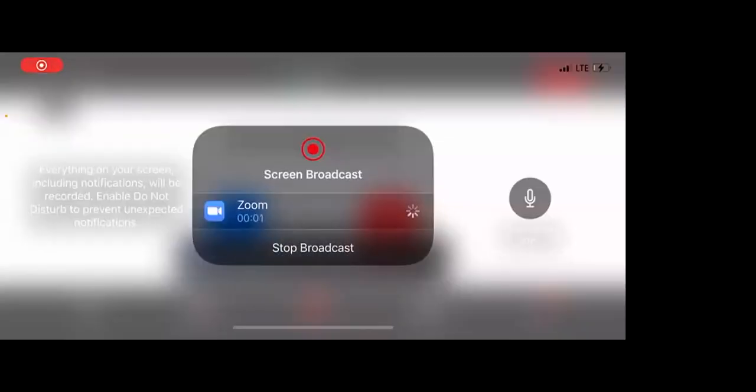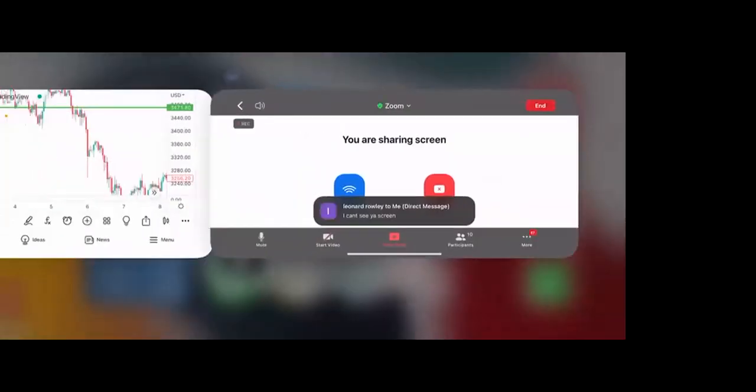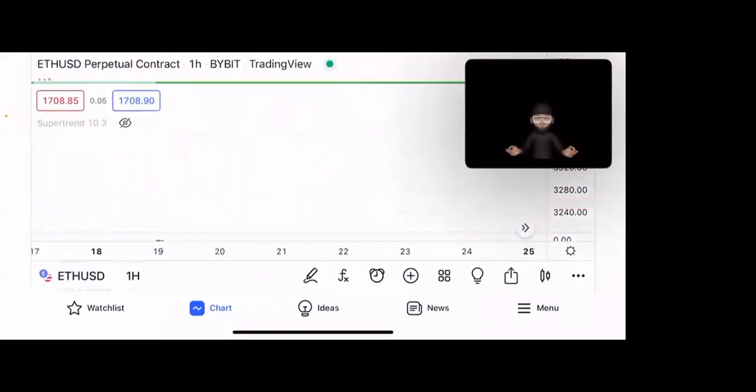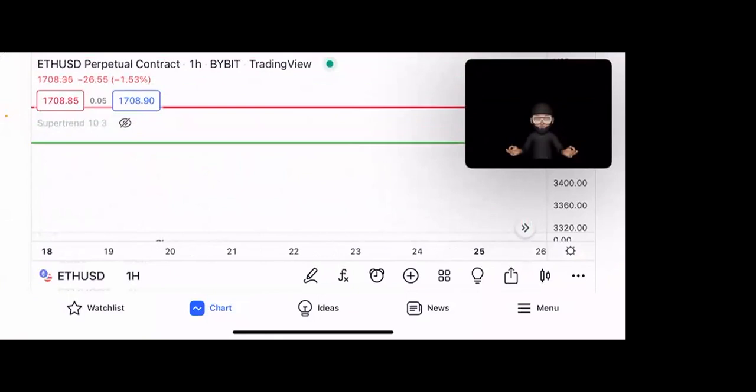Your screen isn't showing anything. My screen is showing, my brother. Looking at it. Oh. Okay. So these are wicks. Oh, shoot.